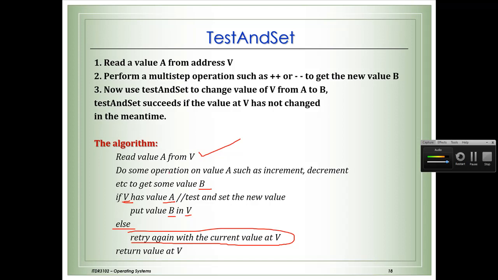Here you can see, even if multiple threads share the memory location V, they can update the value concurrently and still avoid the race condition. There will not be any race condition.